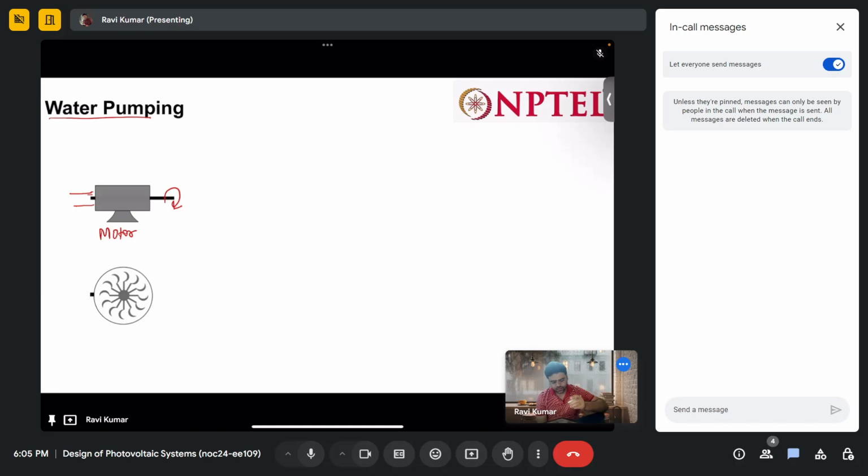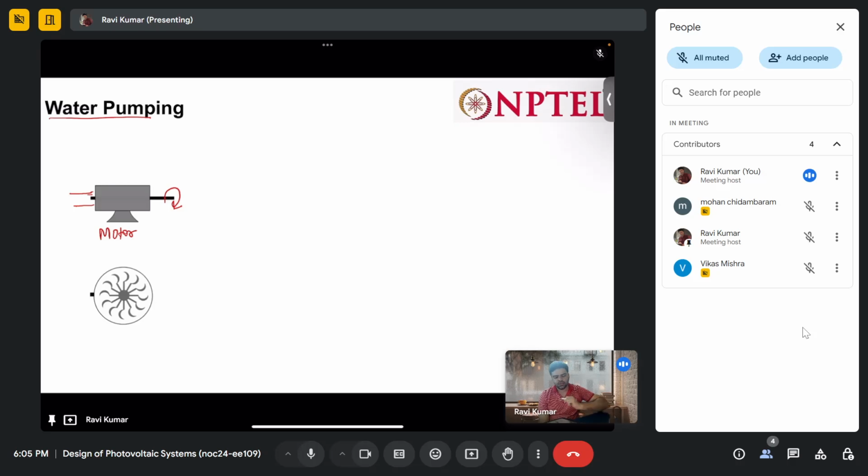Then we require something which can make the water flow or create a pressure difference, because water can only flow when there is a pressure difference. So for this we have a pump. This is a centrifugal pump, and if we connect both, it becomes a water pump system.